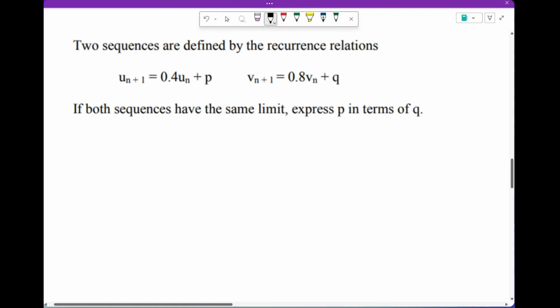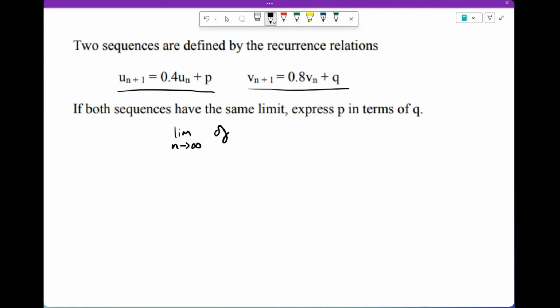So two sequences are defined by these recurrence relations here. We've got one for u_n and one for v_n. If both sequences have the same limit, we need to express p in terms of q. So if both sequences have the same limit, let's call that limit L. Then what we can assume is that the limit, as n tends to infinity, of u_n+1, u_n, v_n and v_n+1 are all equal to L. So what I can do is go to both recurrence relations and replace all of my subscript terms with L's.